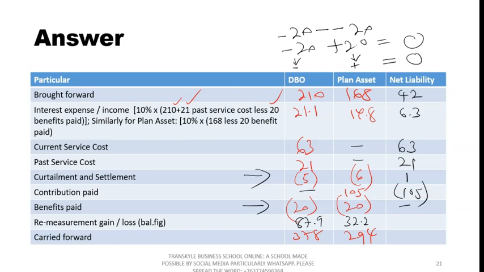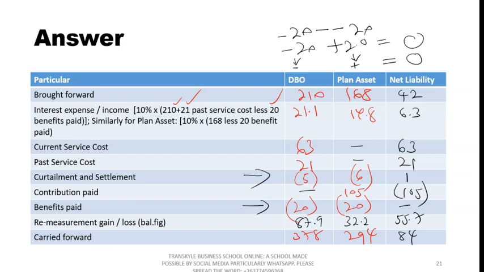Then 87.9 minus 32, we are going to have 55.7. Then let us determine the difference between 378 and 294, and we get our 84. Now the question could be, where do we then have to put these figures?